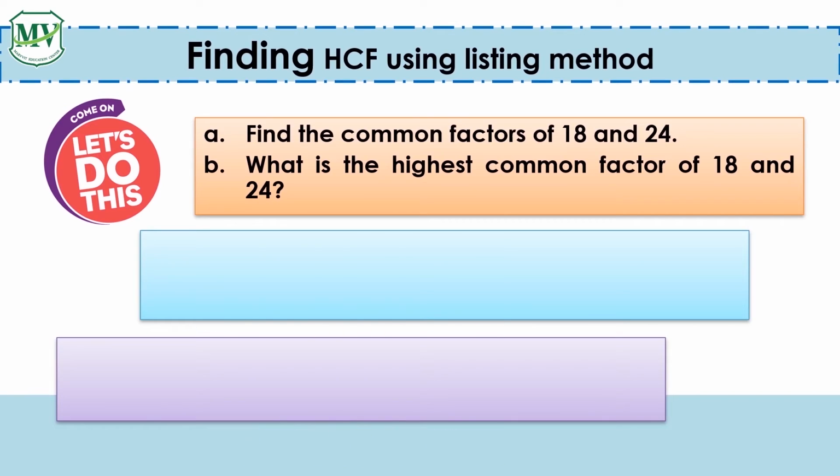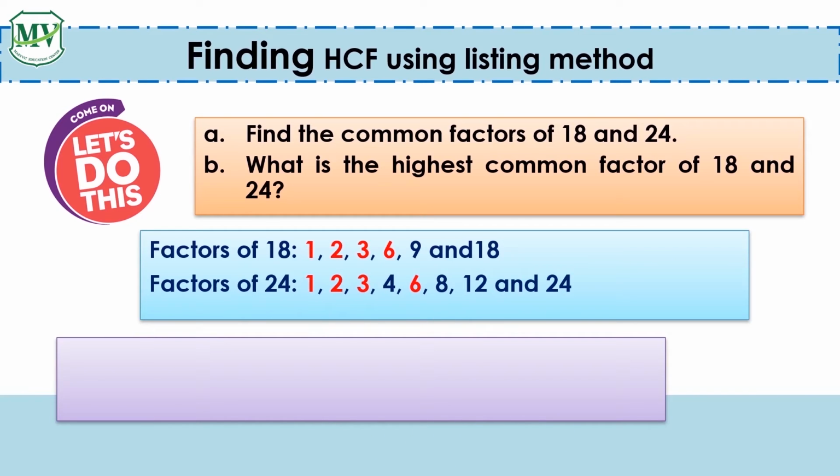The factors of 18 are 1, 2, 3, 6, 9, and 18. Next, let's list the factors of 24. The factors of 24 are 1, 2, 3, 4, 6, 8, 12, and 24.